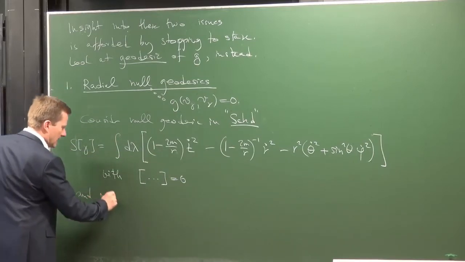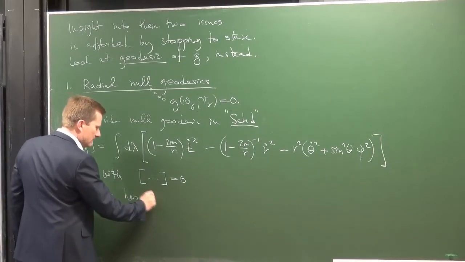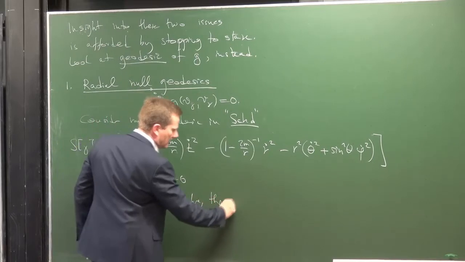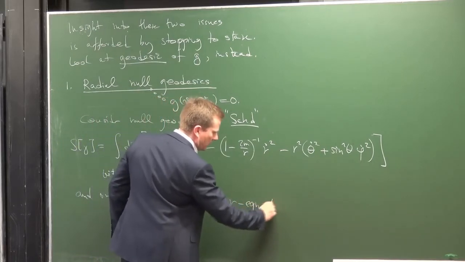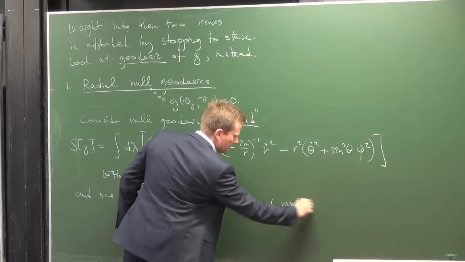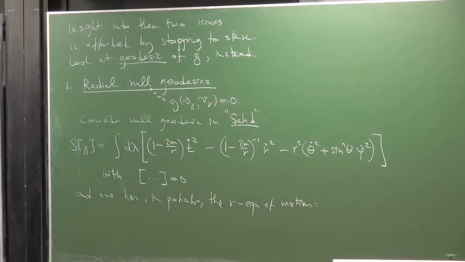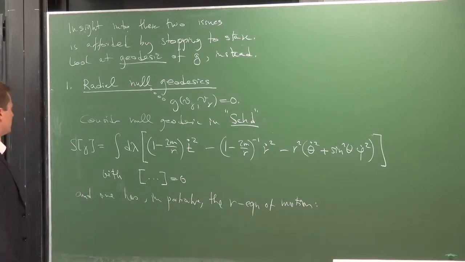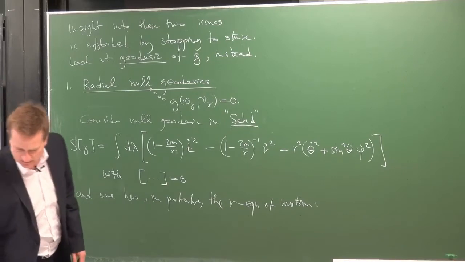And one has, in particular, the R equation of motion. You know you have an action, you vary. You can vary with respect to various variables. And the one we are interested in is the, no, actually we're interested in the T equation of motion. Why did I always write R?